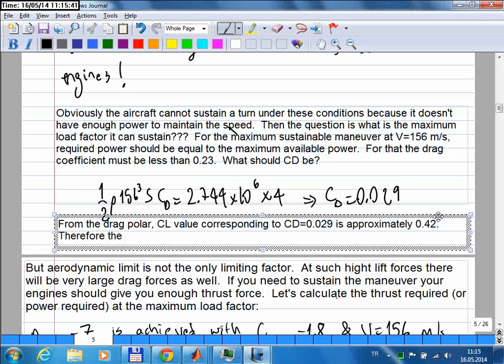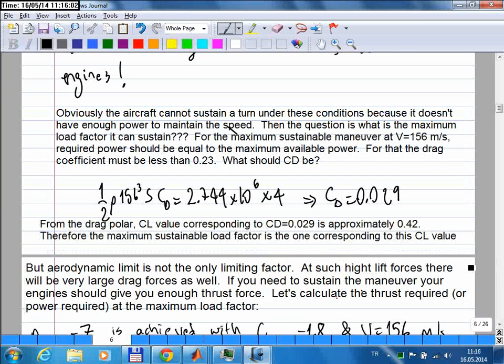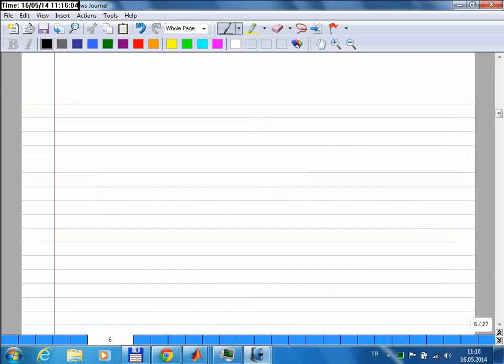Therefore, the maximum sustainable load factor is the one that corresponds to that value.